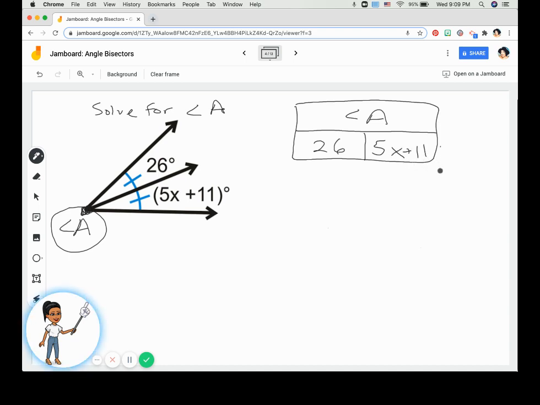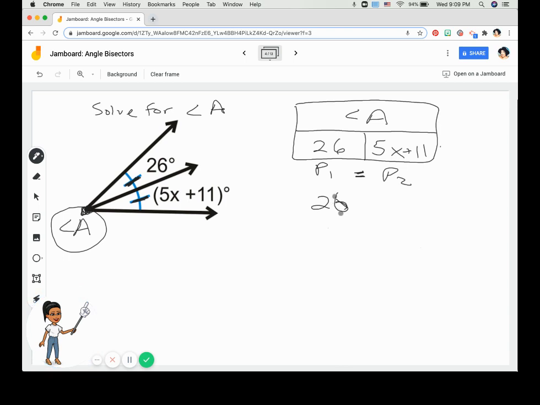Now, what do I know about part 1 and part 2? Well, I know that they must be equal, and this symbol right here that I'm pointing at right now shows me that they are equal. So first I'm going to find out what x is.